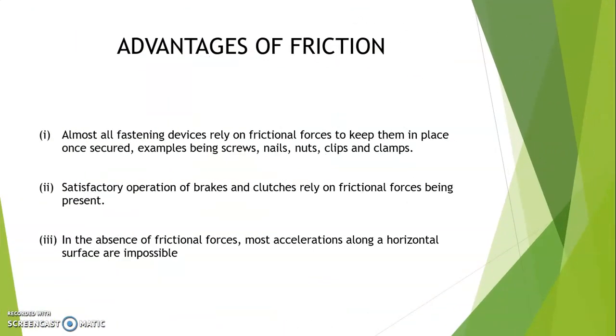Other examples are fastening devices which rely on friction force. For example, when you want to tighten screws, it depends on friction force. Application of brakes and clutches in automotives relies heavily on the friction force being present, otherwise they will not be able to work.